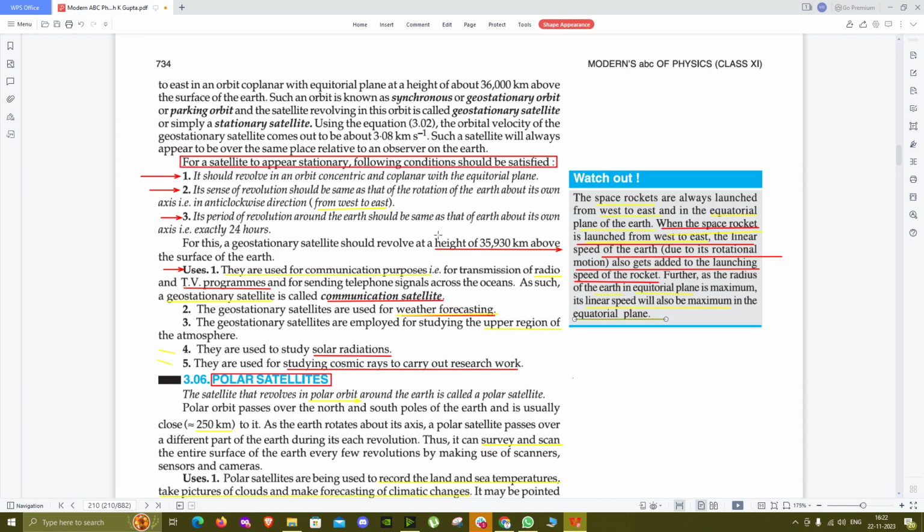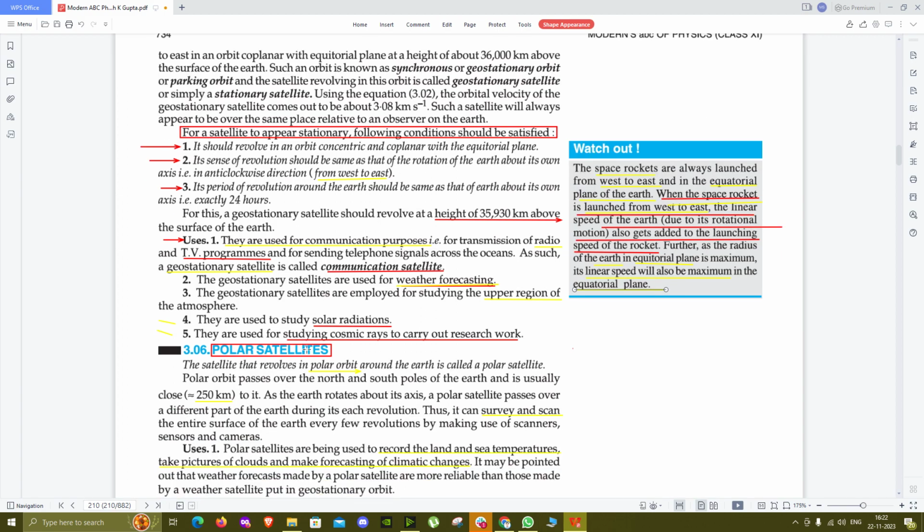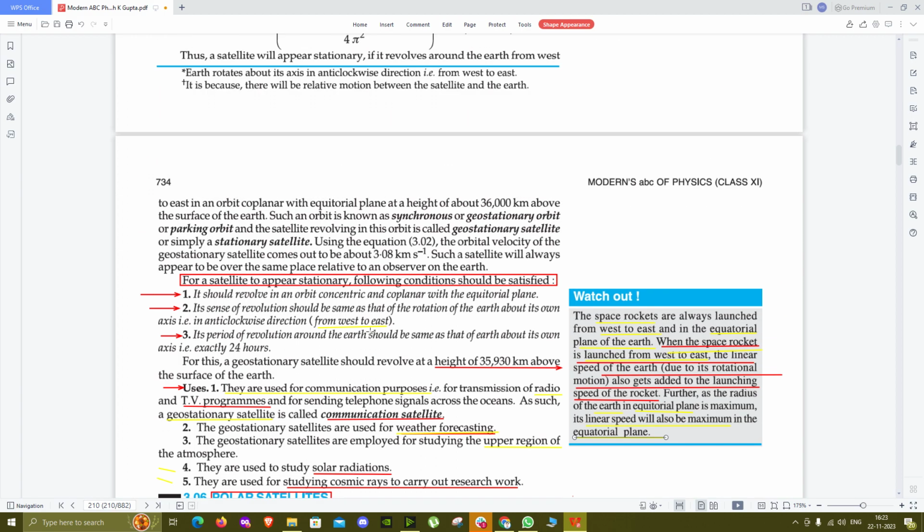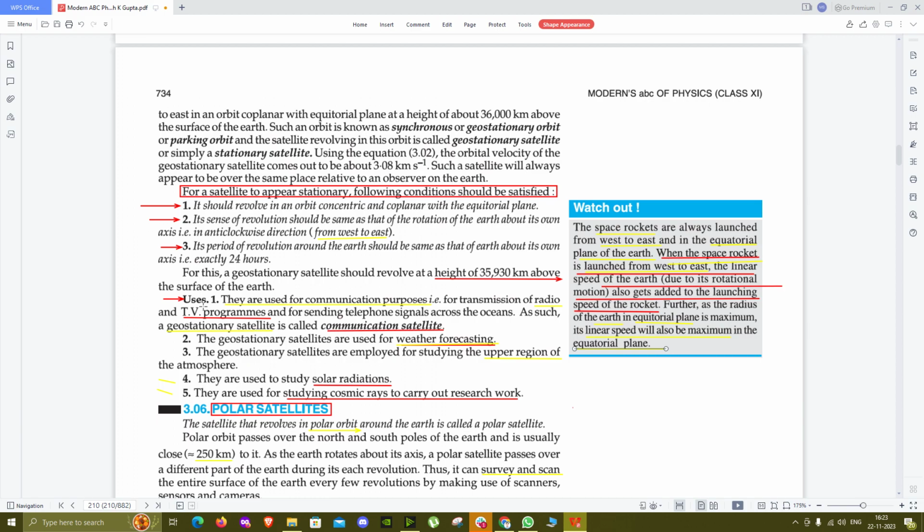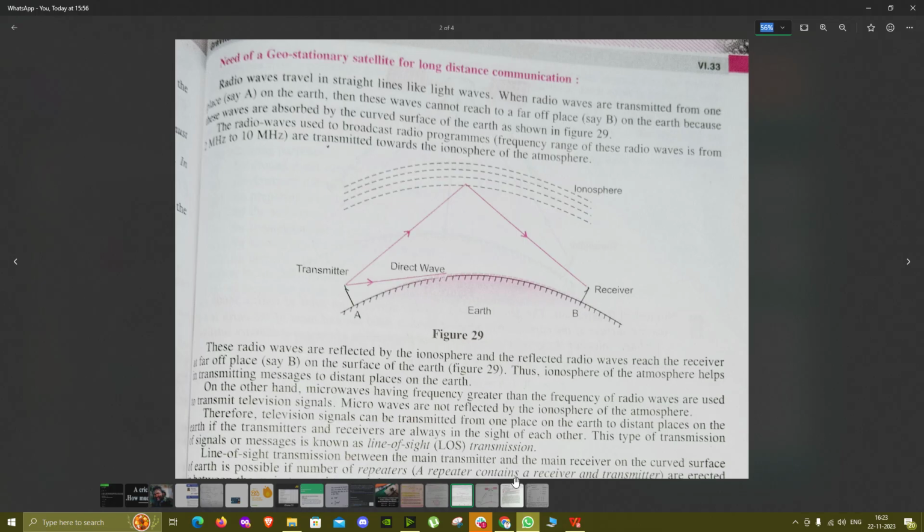Okay, one more very interesting point in the uses, before we go to another type of satellite. In the uses, we studied the transmission of radio and TV programs, or microwaves. Let me explain that in a little more detail.